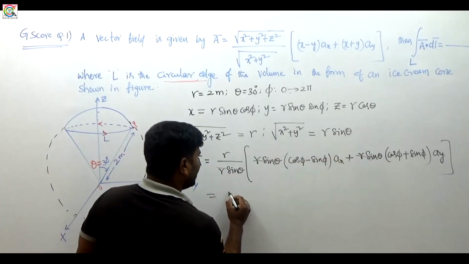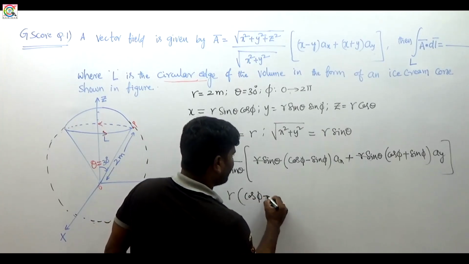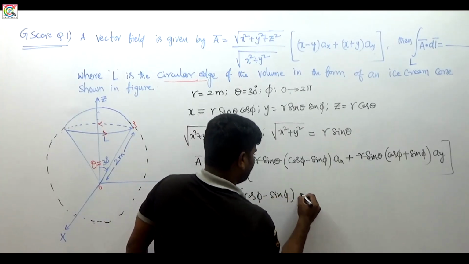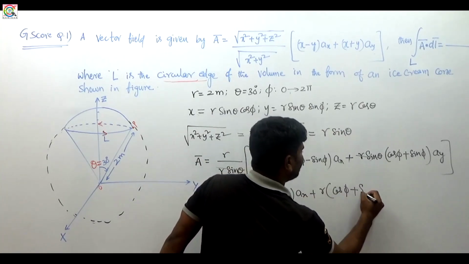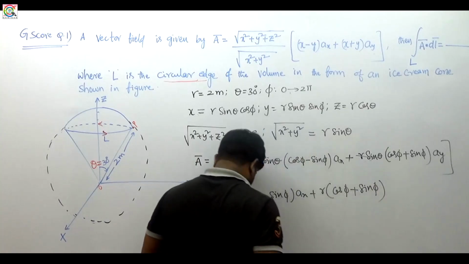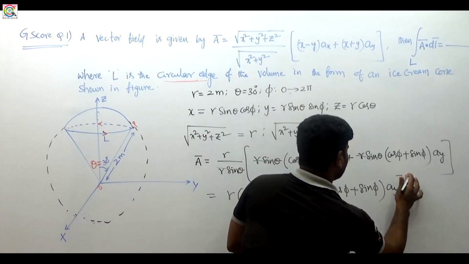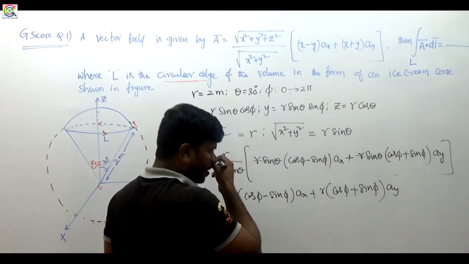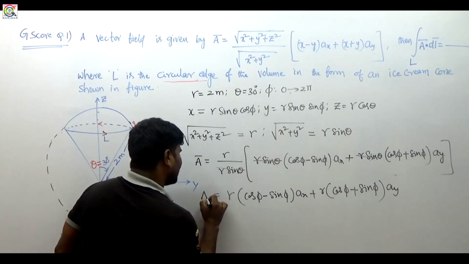Finally you will get r (cos phi minus sin phi) ax plus r (cos phi plus sin phi) ay. This is the A bar vector.